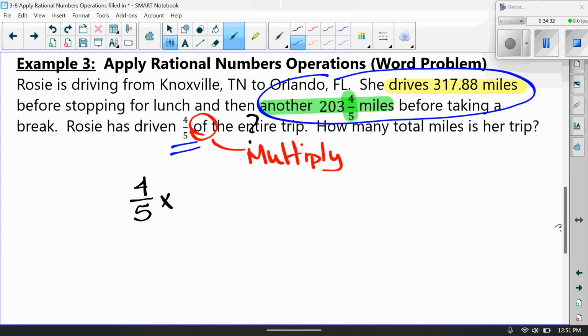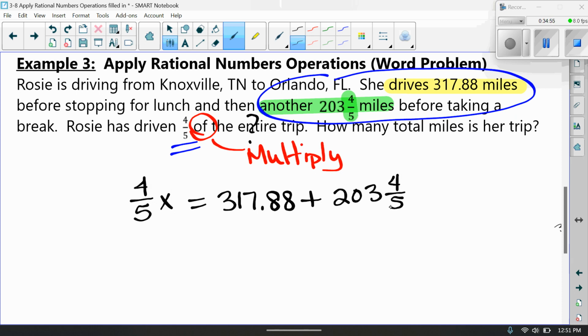So x is the entire trip, times x, that's going to be what she's already driven. So that's going to be the 317.88 plus the 203 and 4/5. Is everyone with me? Okay.